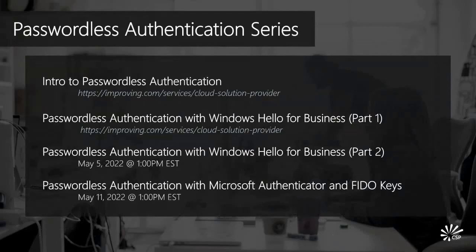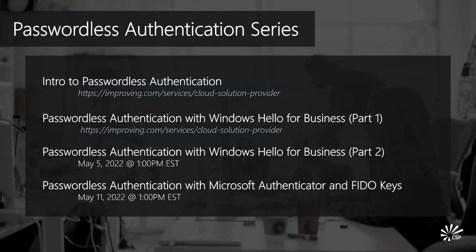So real quick, as Jim mentioned, this is part two of our Windows Hello for Business sessions as part of our passwordless authentication series. We did have an intro to passwordless. We went through a lot of the concepts and the theory behind passwordless authentication. And then last week we talked about how all that plays into how Windows Hello for Business works.